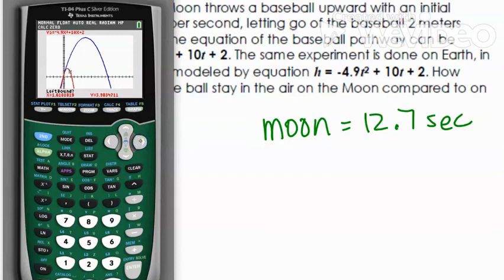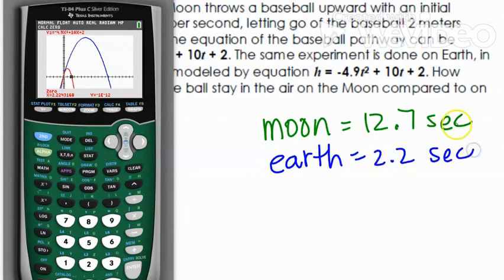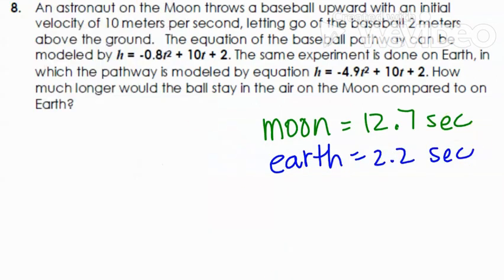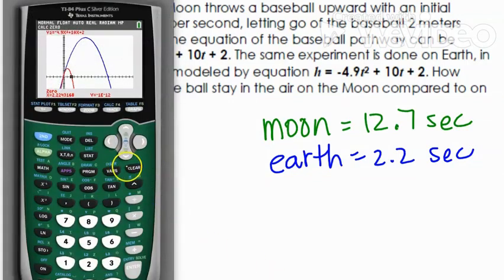Okay, again, remember I'm calculating a zero, not the maximum. So I'm going to say left bound is there, right bound is here. What's my guess? 2.22 seconds. So 12.7 seconds on the moon, 2.2 seconds on the Earth.